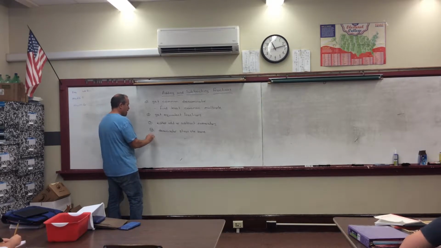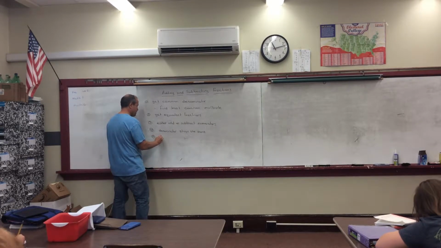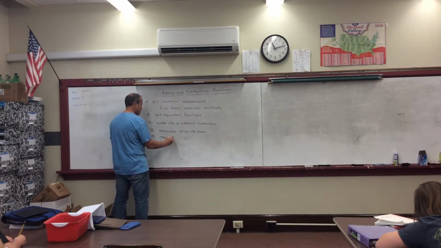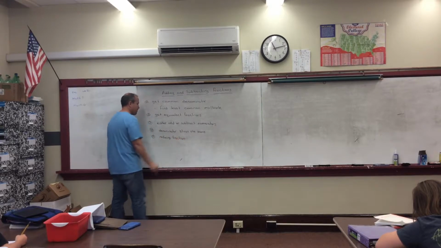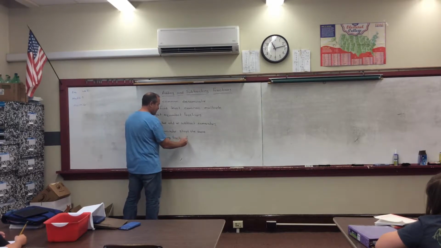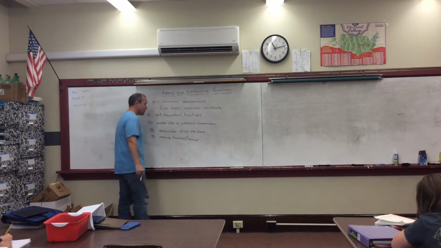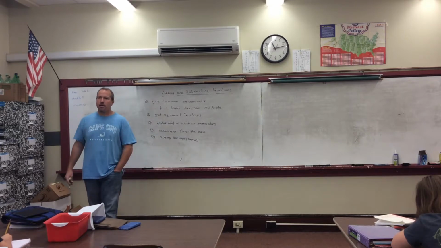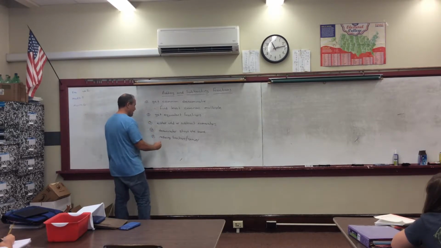And then the final thing that we're going to be doing is reducing the fraction, or reducing the answer. And the way we reduce the answer is by dividing by the greatest common factor.